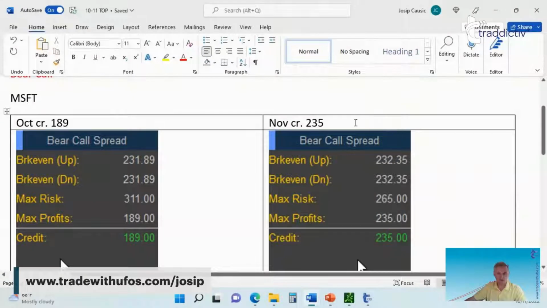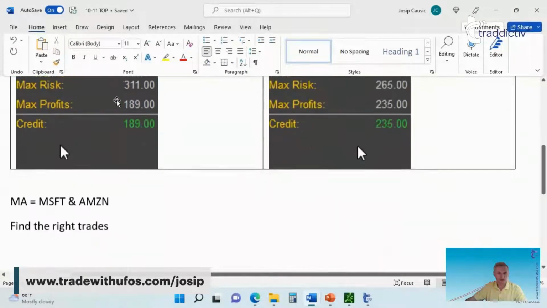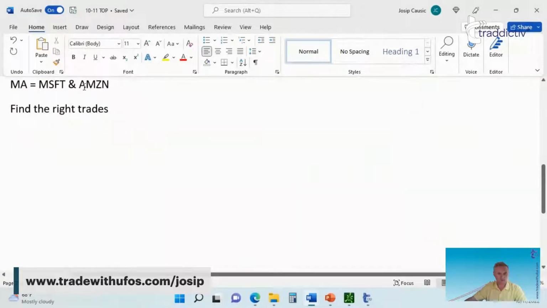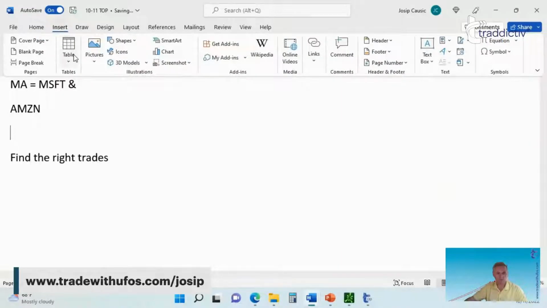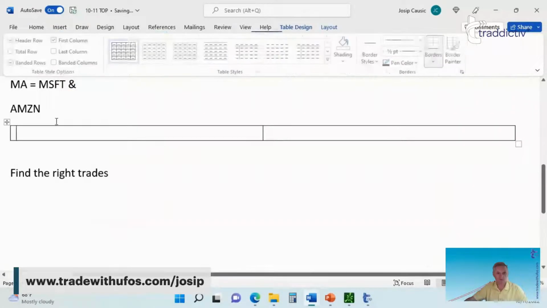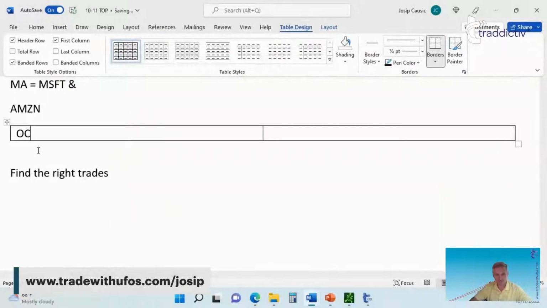So I'm going to be comparing the two, for Amazon, October with November. Same steps. October is going to give me less premium than November. November is going to give me more premium.